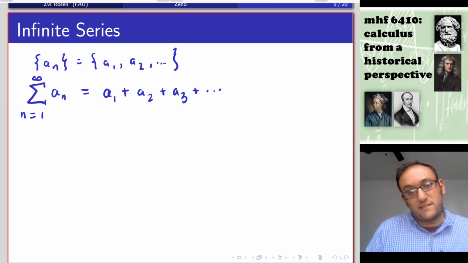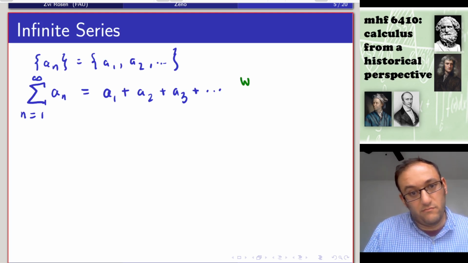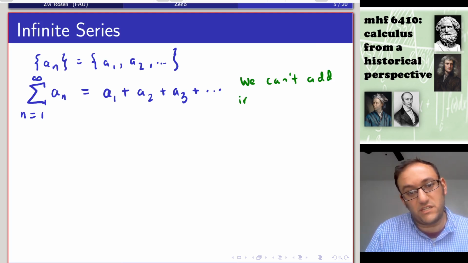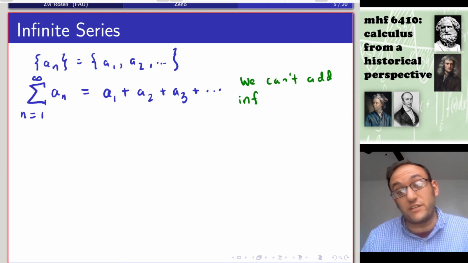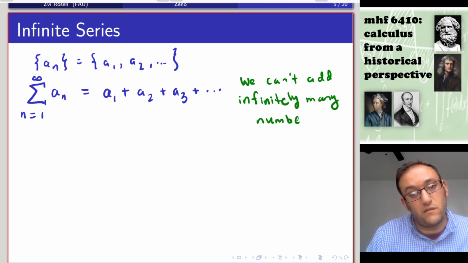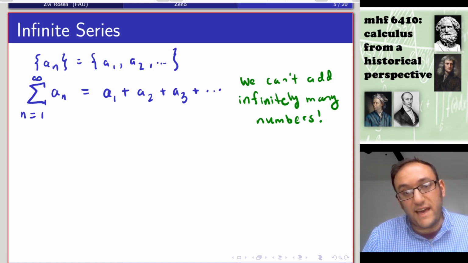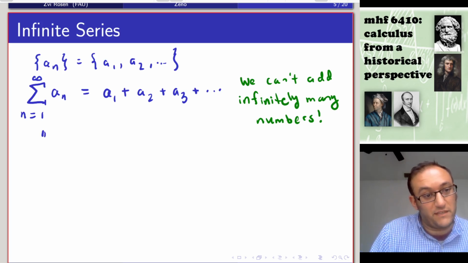And you would object, how can we do that? We can't add infinitely many numbers. Addition is something you define between 2 numbers, and then inductively any finite collection of numbers. But we can't add infinitely many numbers. And the response to that is, you're right, we're going to define this in terms of a limit.